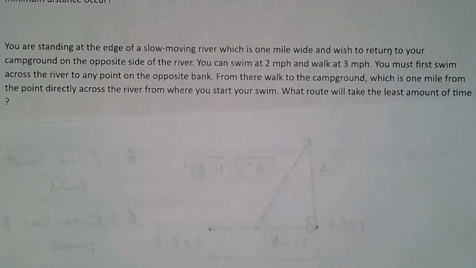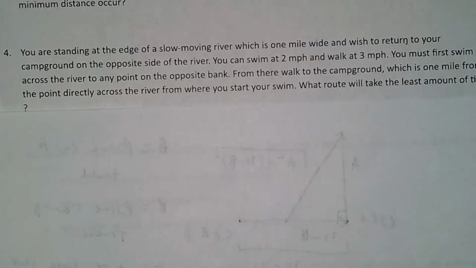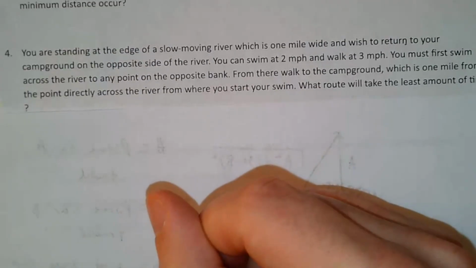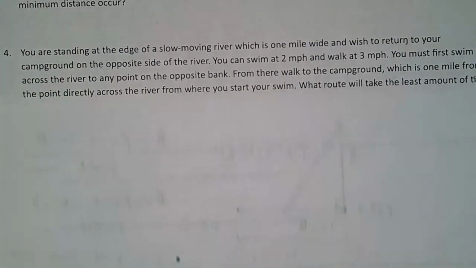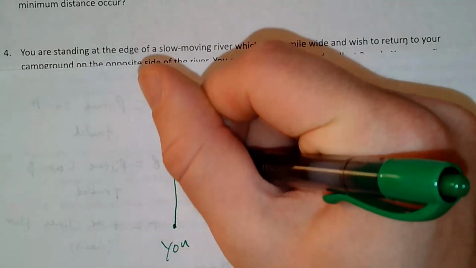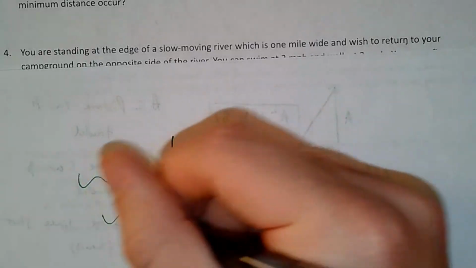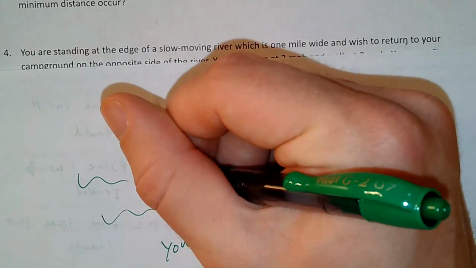Okay, so this is the situation. I think the question doesn't do a good job of explaining what's going on. This is you here, and we've got a river like this. So this is the river. Imagine we've got a river here, and it's 1 mile wide.